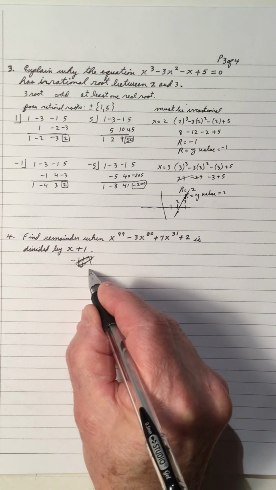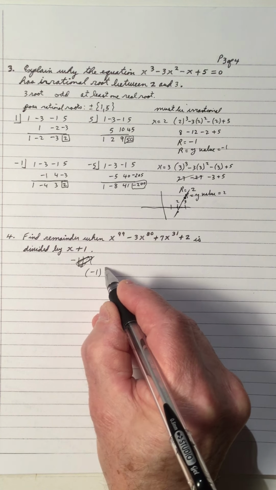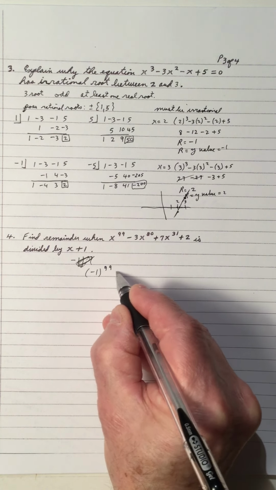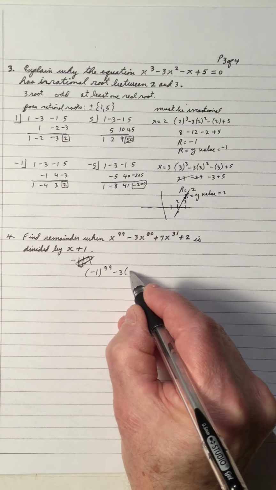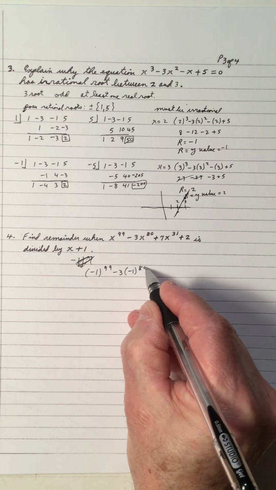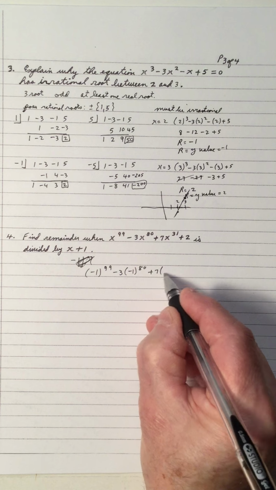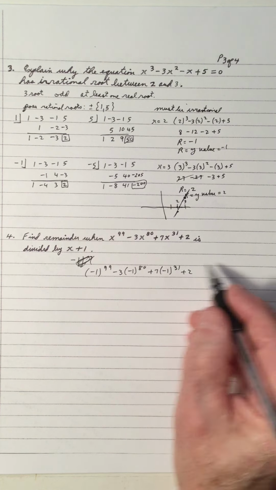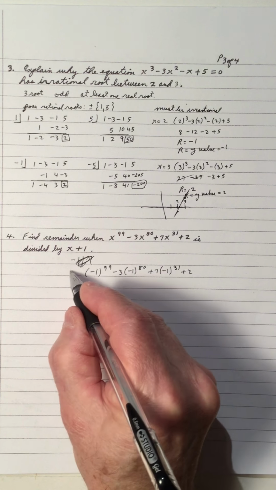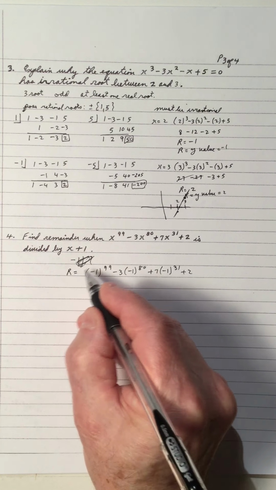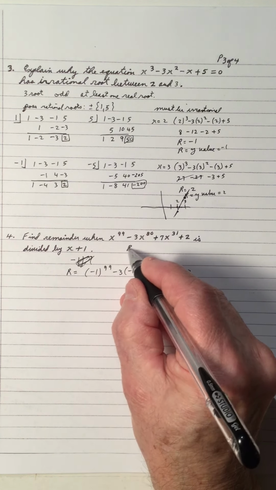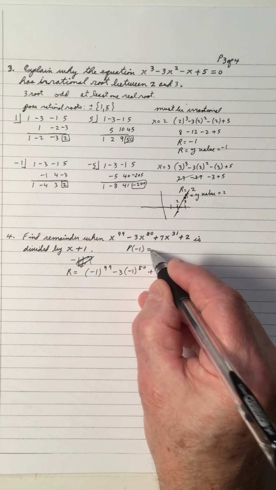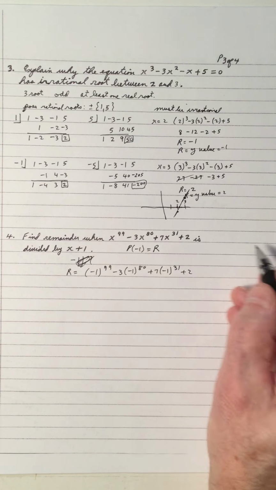When I sub in negative 1 for x, I'm going to get my remainder. It's called p of negative 1, so p of negative 1 is my remainder.